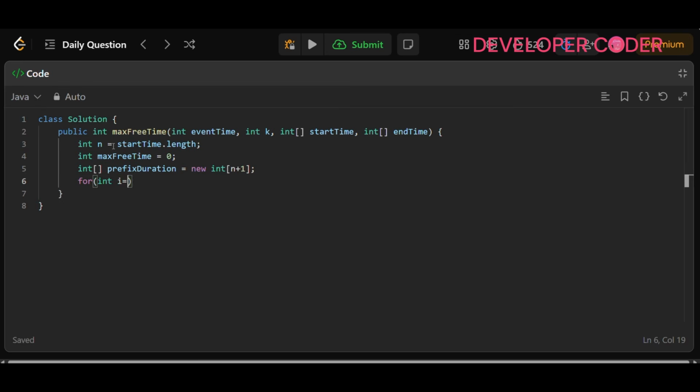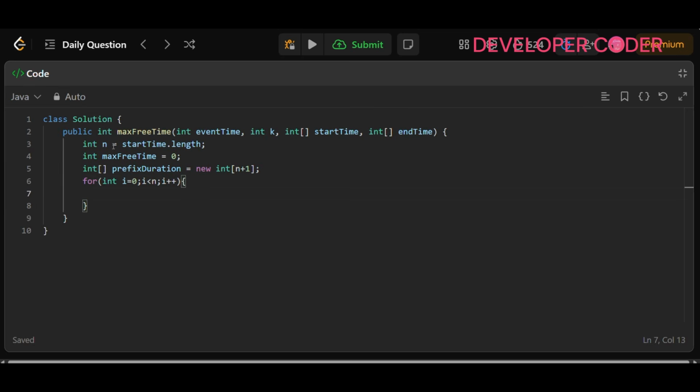And then after that you have to simply run one loop: int i is equal to 0, i less than n, and i plus plus. After that you have to just check the duration. Int duration is equal to end time of i minus start time of i. This is nothing but the duration of that particular meeting.